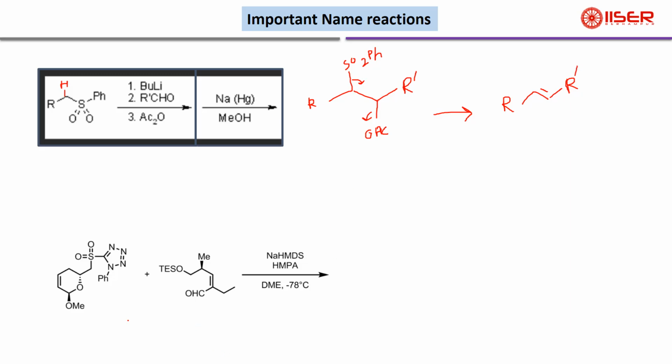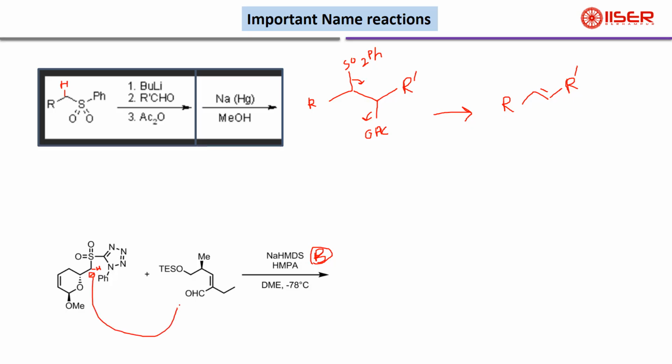What will be the product here? Now in presence of NaHMDS as a base, there is a proton here that will be taken up and generate a negative charge here.